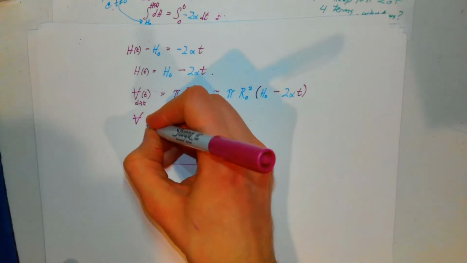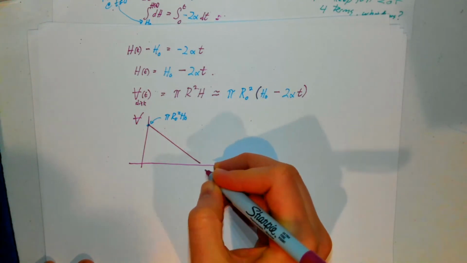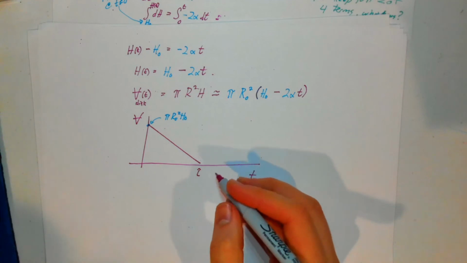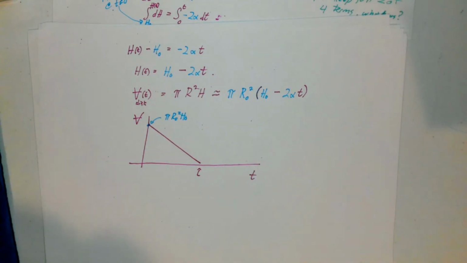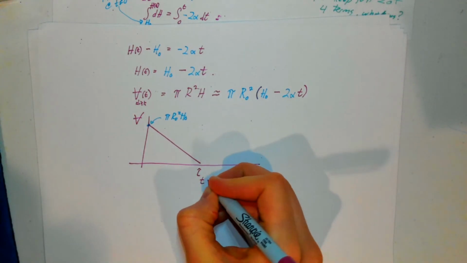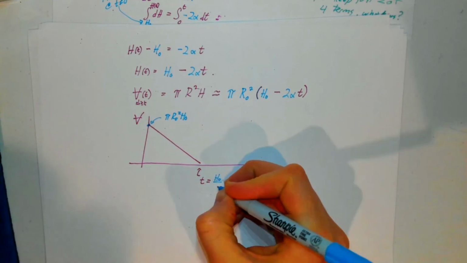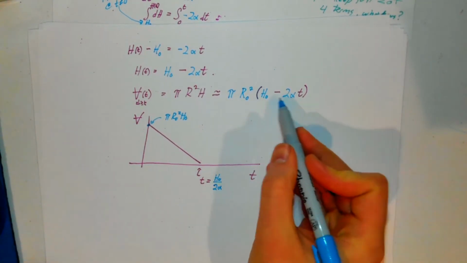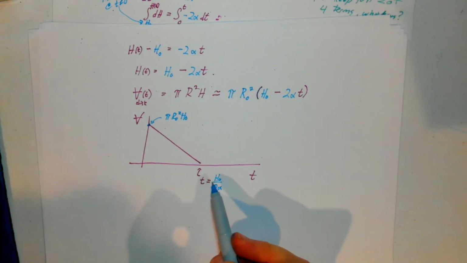So it goes on until we get to this point right here, at which the volume is practically 0. And this is basically at t is equal to h naught over 2 alpha. Right? If you sub it in, at what time does the volume approach 0? This time right here.